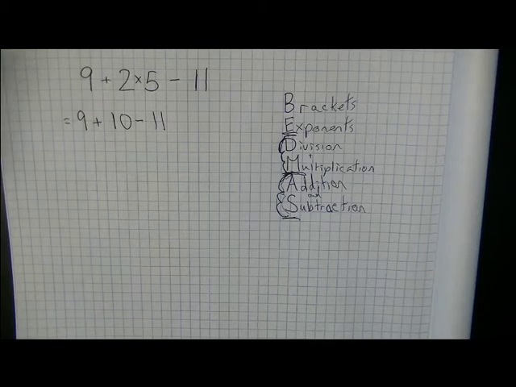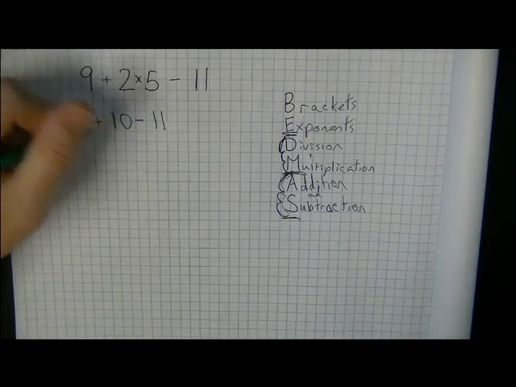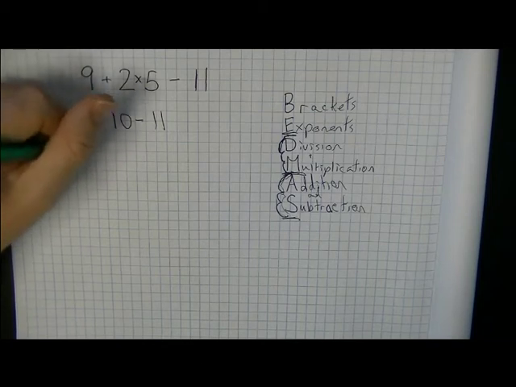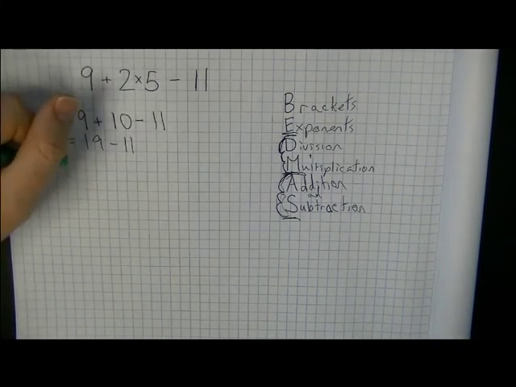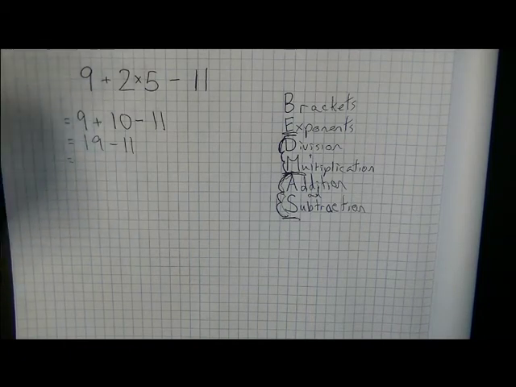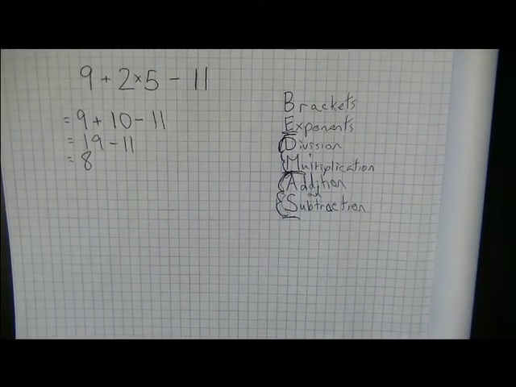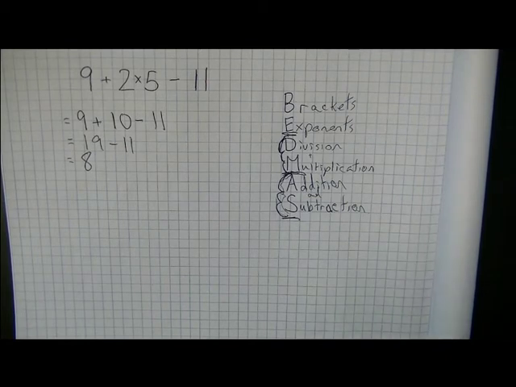Okay, and now addition and subtraction we do in the order that they appear. So we have 9 plus 10 is 19 minus 11. So we have 19 minus 11, which is 8. Okay, so that's how we approach a question like this.